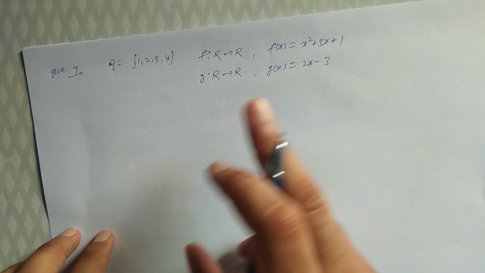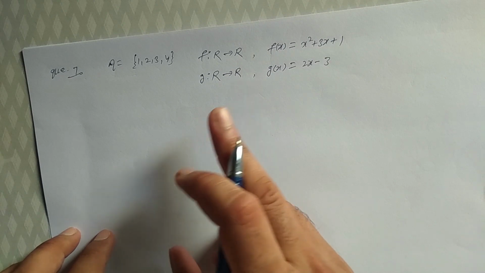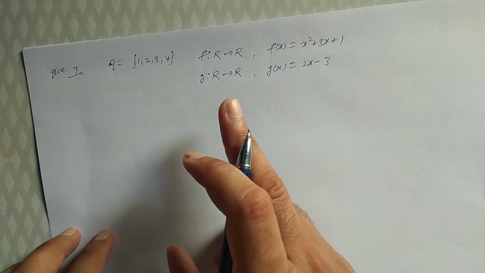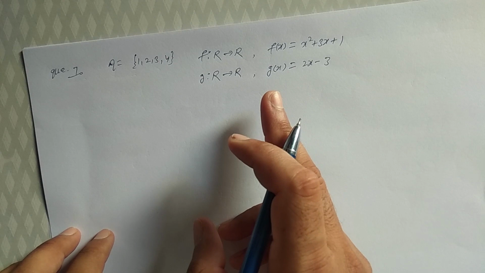Then find fog(x), gof(x), fof(x), gog(x).